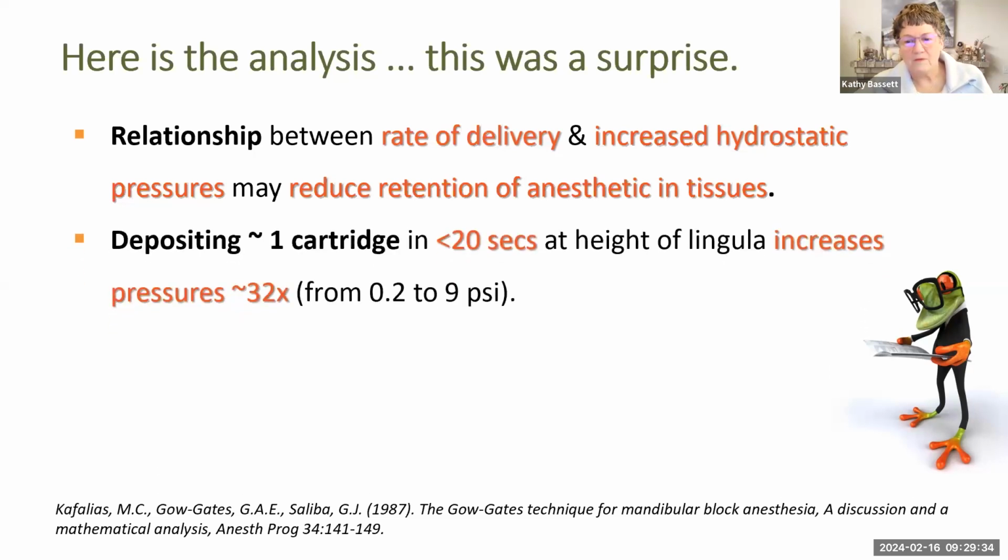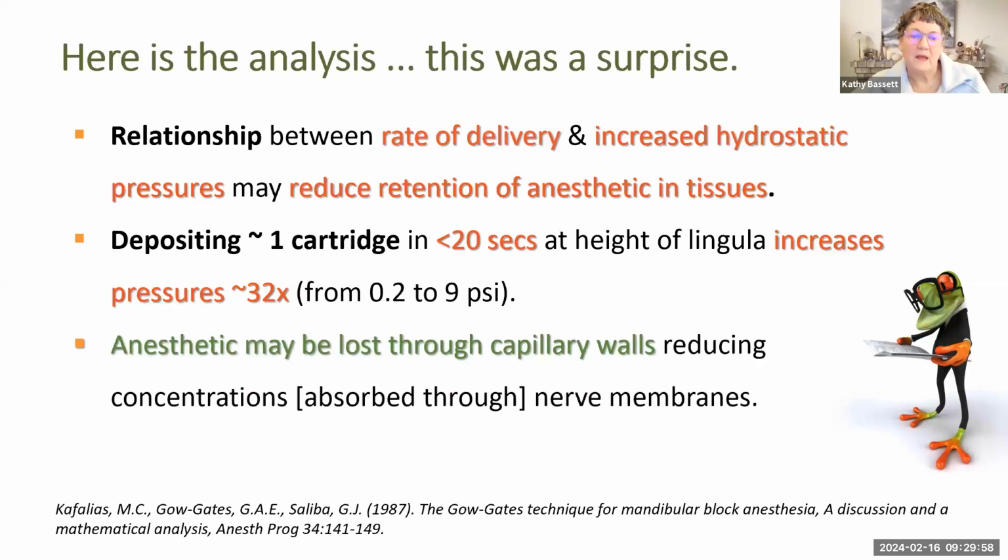What they found was if you deposit the equivalent of approximately 1 full cartridge in less than 20 seconds, just bam, the pressures exerted on the tissues will increase 32-fold. And that shift is from approximately 0.2 to 9 psi of pressure exerted directly on those small capillaries.